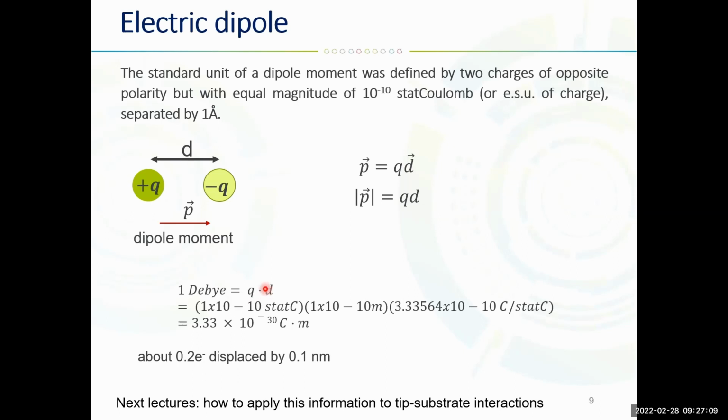Basically, a molecule has a dipole moment of 1 debye means that there is about 2/10 of an electron charge separated from another by about 1/10 of a nanometer. So 1 debye is about 3.3 times 10 to the power minus 30 coulomb meters, and this is another unit of dipole moment that can be used as well.